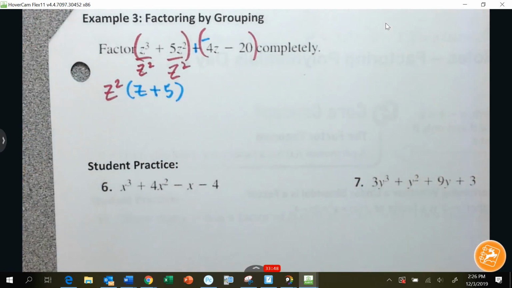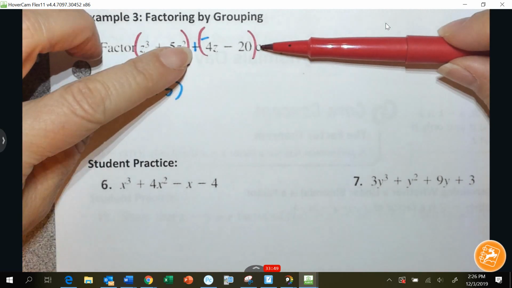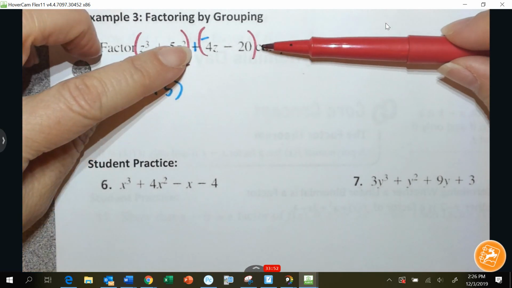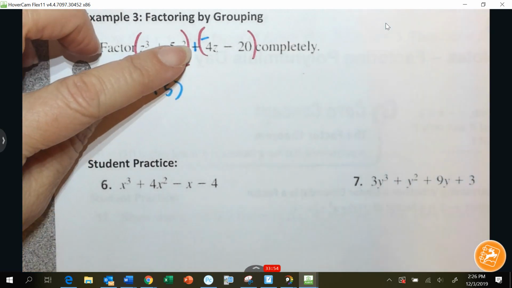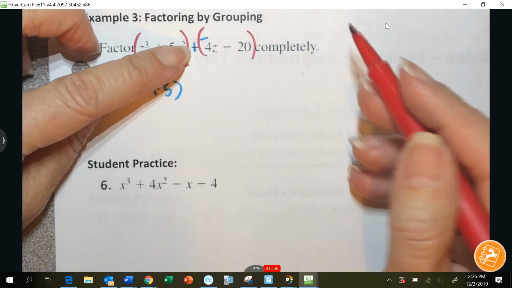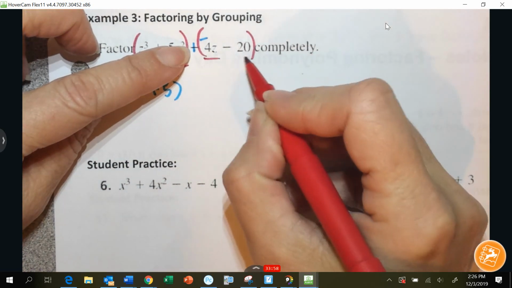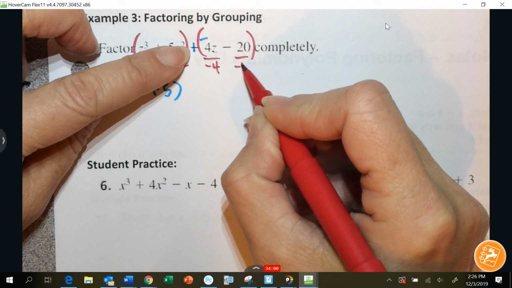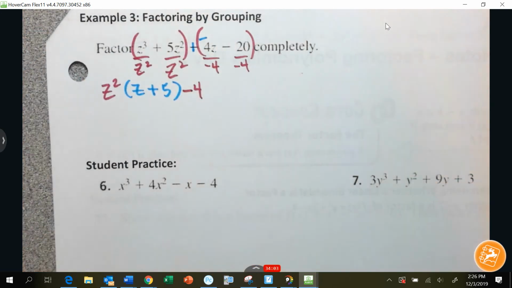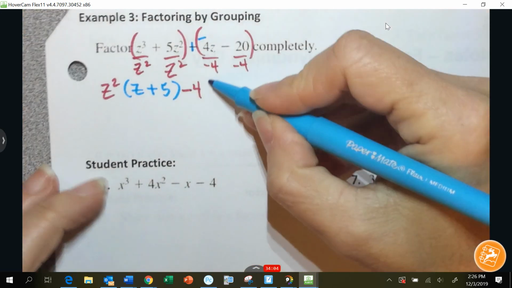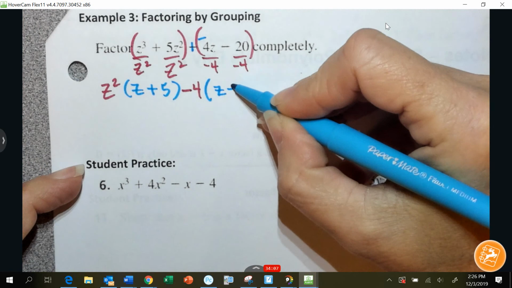Now I look at this other parenthesis. How would I factor this parenthesis? Factor out a negative 4. And then when I factor out that negative 4, I am left with z plus 5.